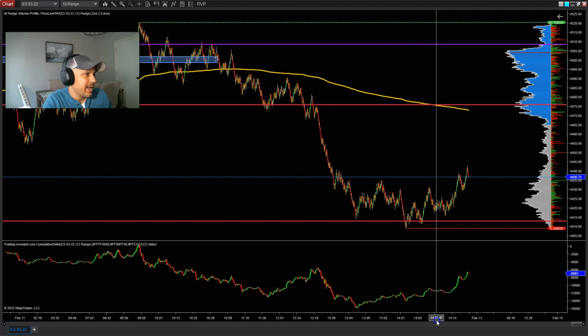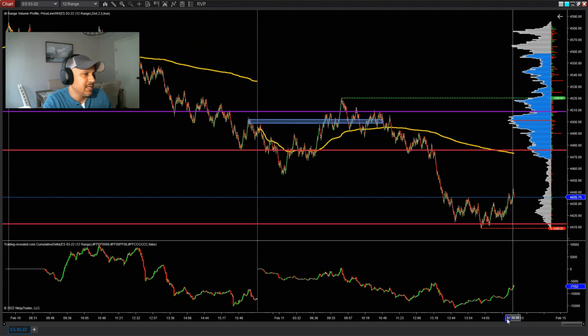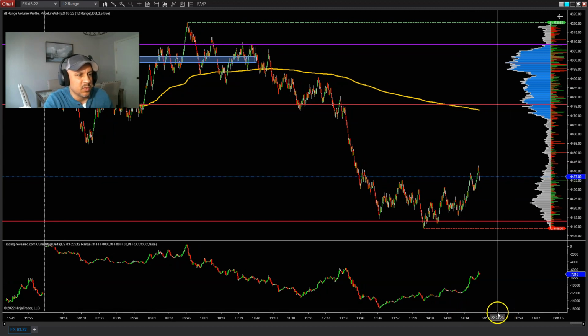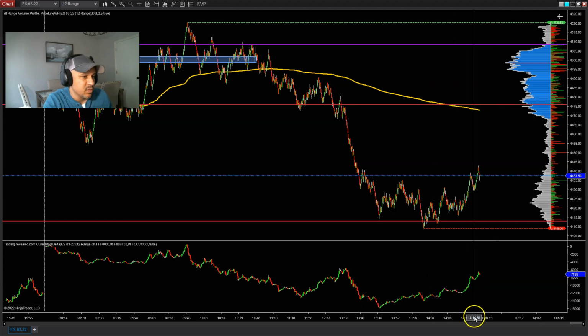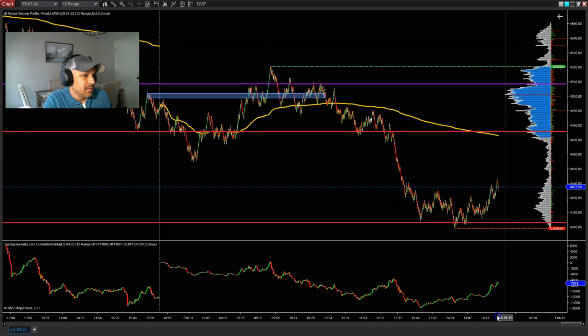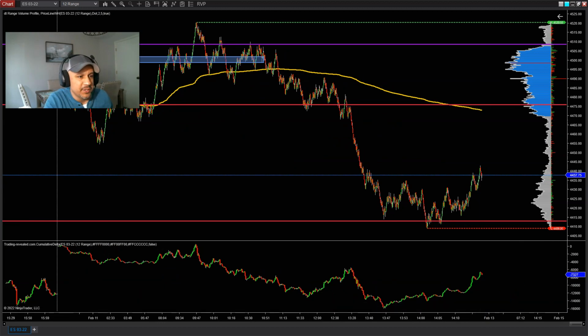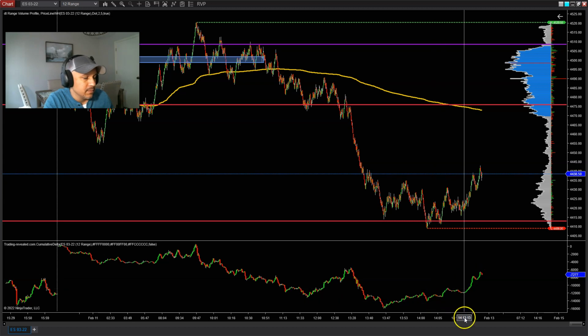So a lot of people ask, why do you trade the ES over the Nasdaq? Ultimately, the ES is the index that carries the most weight when it comes to trading the indices anyway. That's one of the major reasons why I trade it. A lot of people trade the Nasdaq alongside the ES.